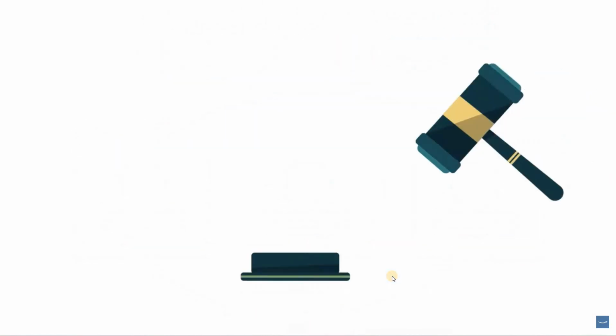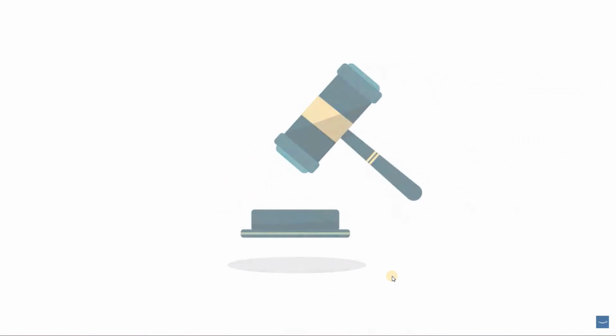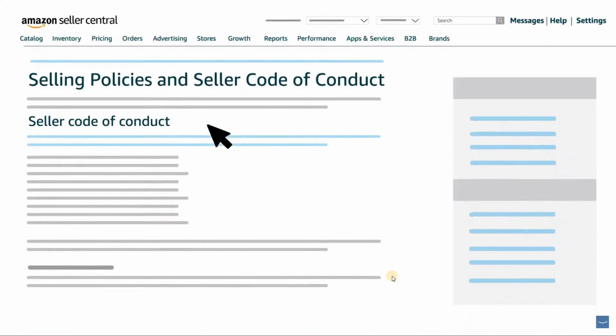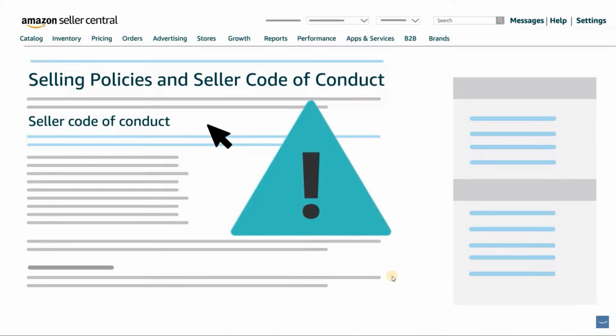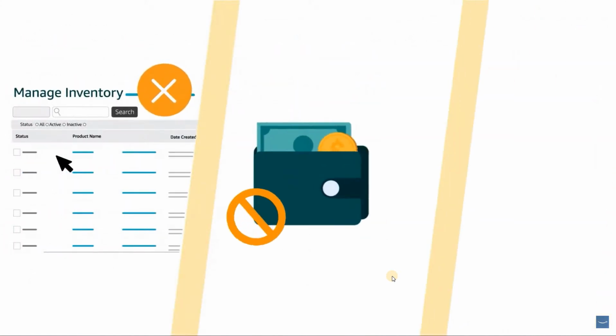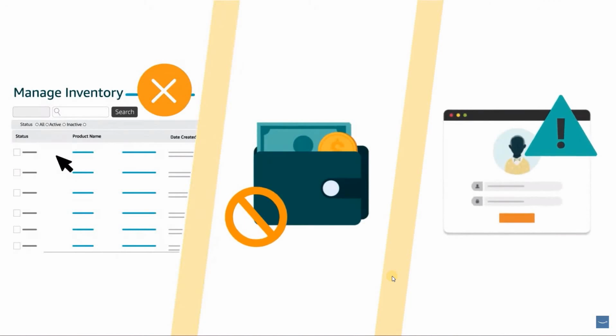Let us now understand when does Amazon take action. All selling accounts that a seller owns must comply with the applicable selling policies and Seller Code of Conduct. Violating Amazon selling policies and Seller Code of Conduct or any other Amazon policies may result in actions against your accounts such as cancellation of listings, suspension or forfeiture of payments, and account deactivation.